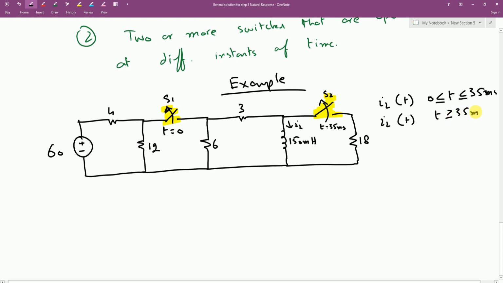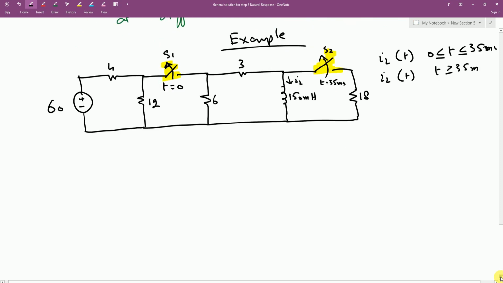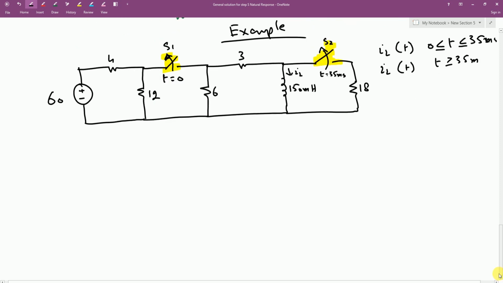So when both the switches have been operated, what will be the inductor current thereafter? To solve this numerical of sequential switching, we first need to draw the equivalent circuit when both the switches are operated. To find the initial conditions, we shall proceed like this. Let us first of all find the initial condition.